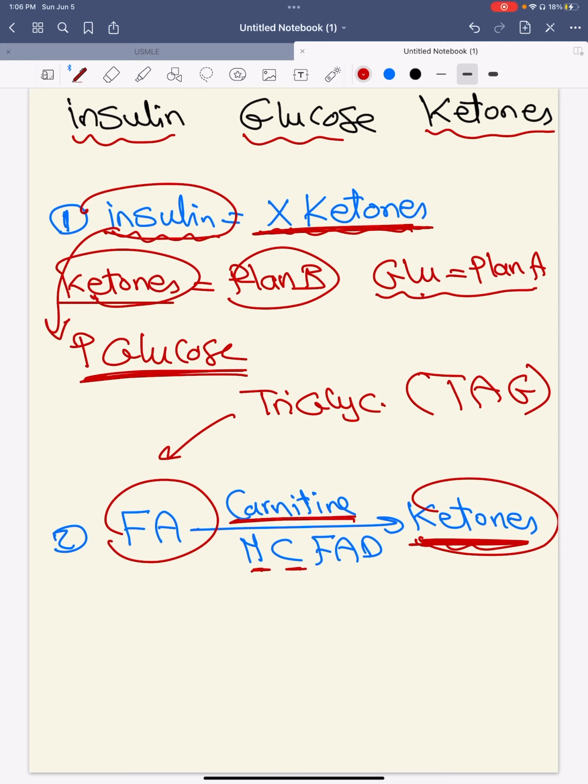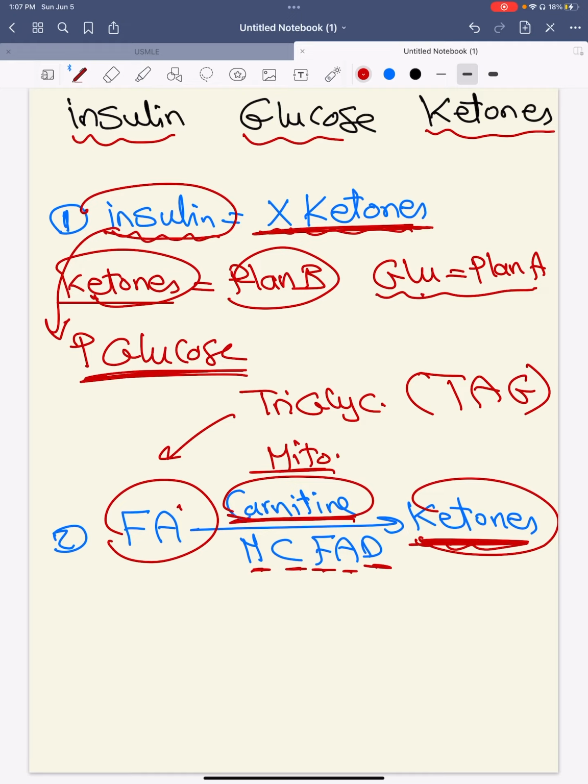Second, medium chain fatty acid degradation. Fatty acid degradation to ketones always happens inside the mitochondria. Carnitine helps fatty acids get into the mitochondria so they can be degraded or converted to ketones, and the enzyme which converts fatty acid to ketones is called medium chain fatty acid. So in order to convert fatty acid to ketones, you need two enzymes: first carnitine, and second medium chain fatty acid.